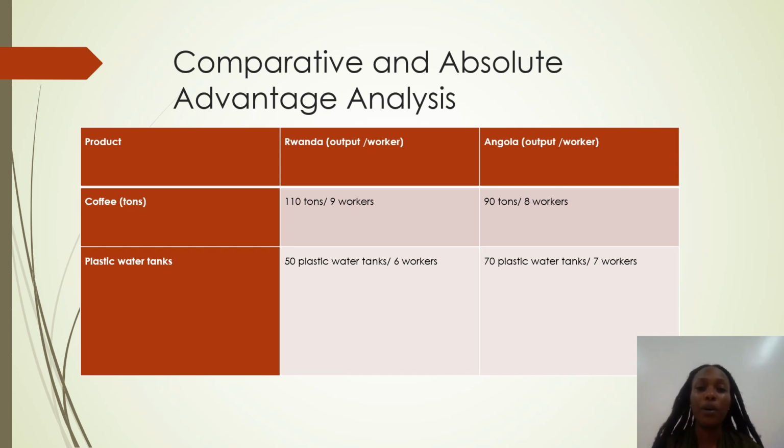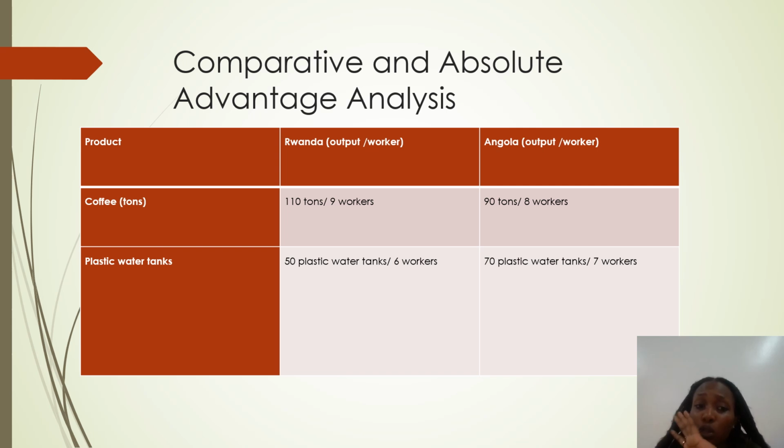Looking at the comparative and absolute advantages analysis I was talking about between Rwanda and Angola, we see that Rwanda can produce 110 tons of coffee using nine workers.